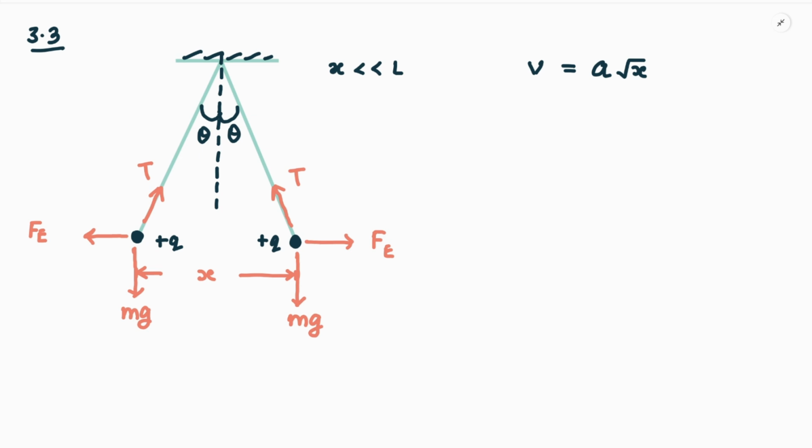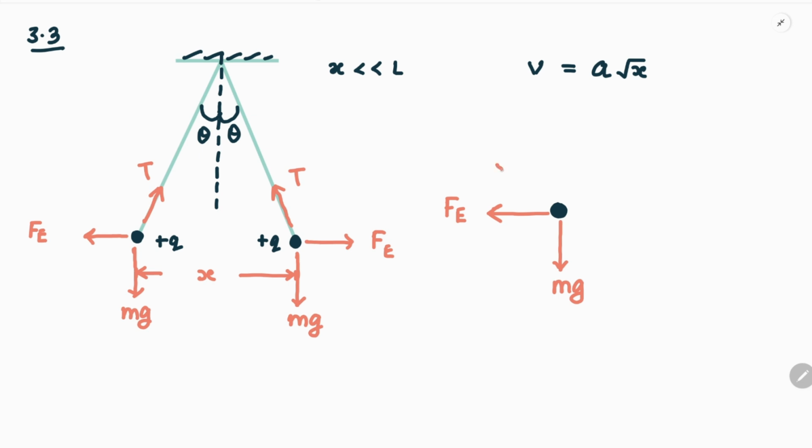So if we consider that the charged spheres are at equilibrium at every instant and the charge is decreasing, the equilibrium distance x will also decrease. If I draw the FBD of one such sphere, the two forces which we have discussed here are electrostatic Fe and the weight mg, the angle being theta.